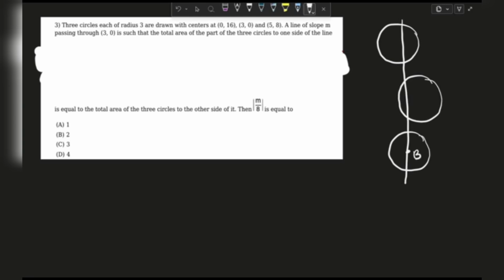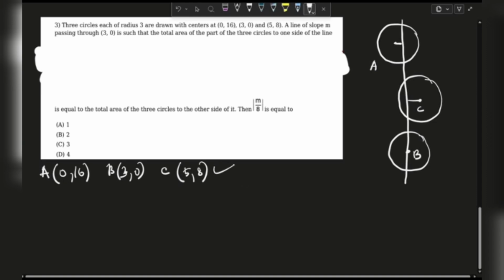Let's say this is your B, this is your C, and this is your A, and this is lying on the line itself. This is somewhat the diagram, and our points, I will also write them down. These are A(0, 16), B(3, 0), and C(5, 8).